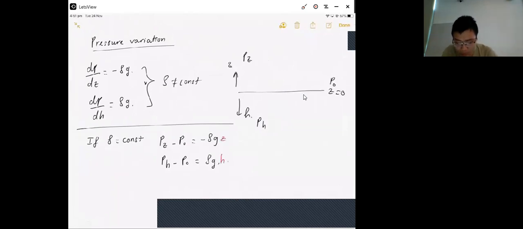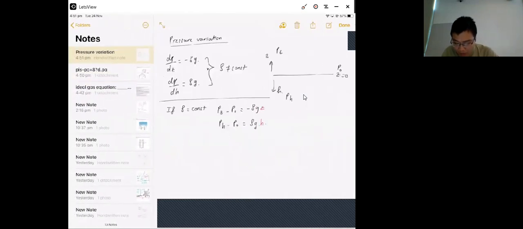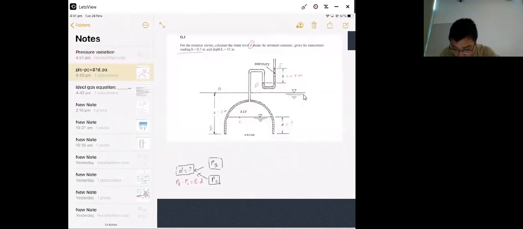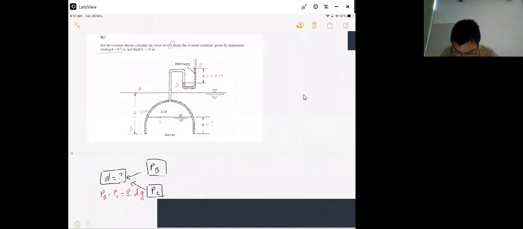Rho ZD. The distance between point B and point C, PB minus PC, will be equal to rho ZD. So to find D, you have to know PB and PC.